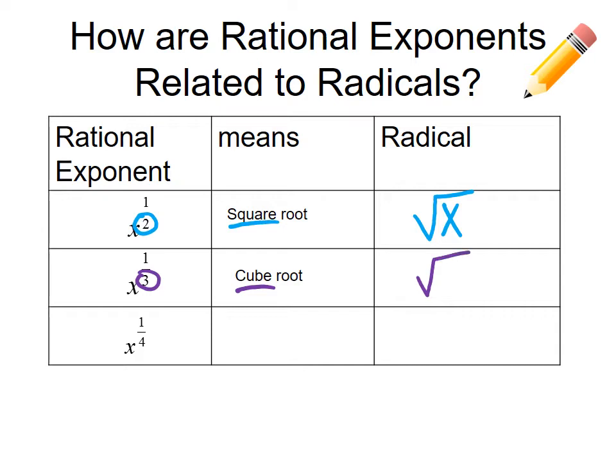Therefore, my index would be 3, the cubed root of x. If I have a rational exponent of 1/4, that would be the 4th root. My index would then become 4. As you can see, we could continue this pattern all the way through to infinity.